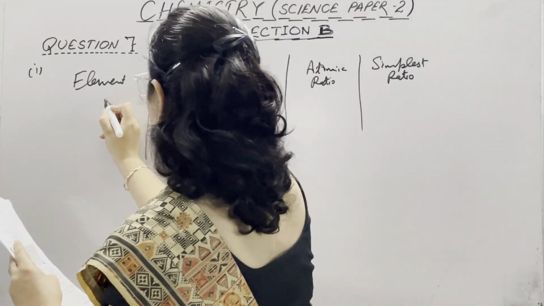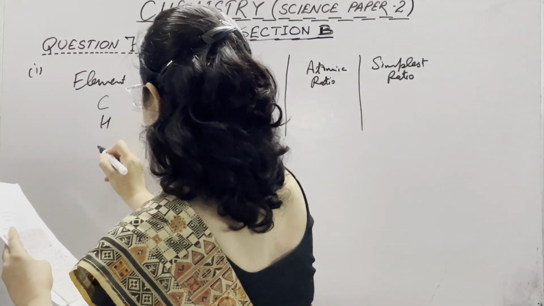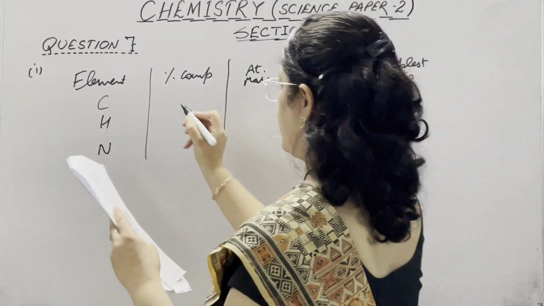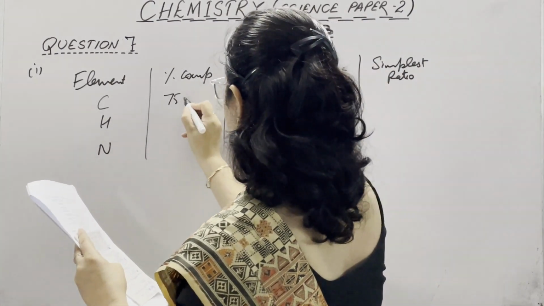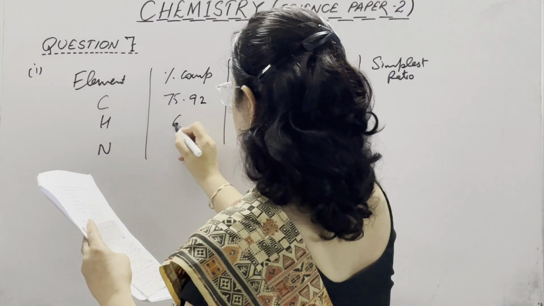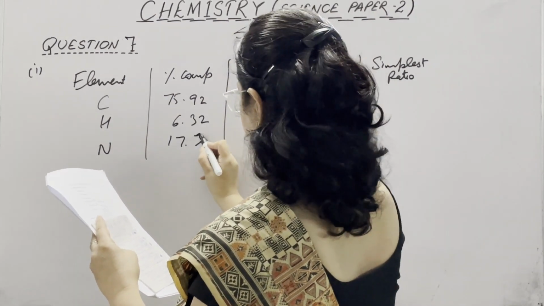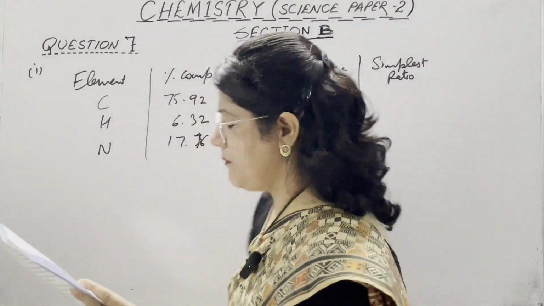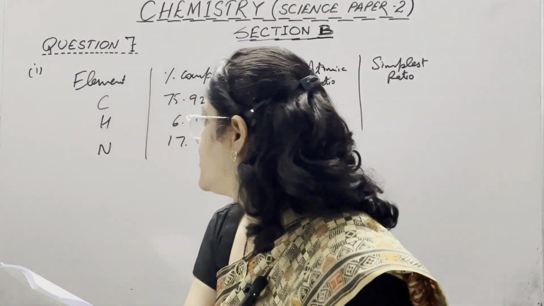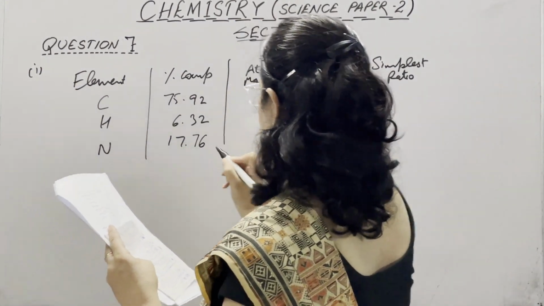Elements given are carbon, hydrogen and nitrogen, and their percentage composition is 75.92, 6.32 and 17.76. 17.76 is the percentage composition given of nitrogen.